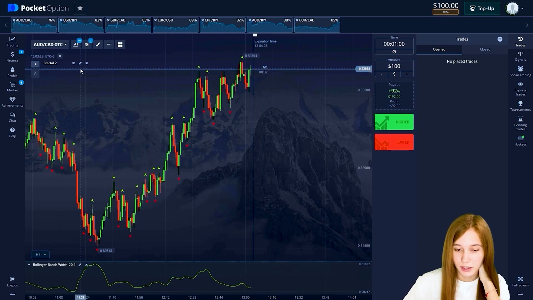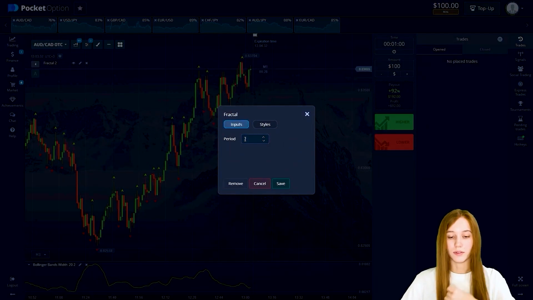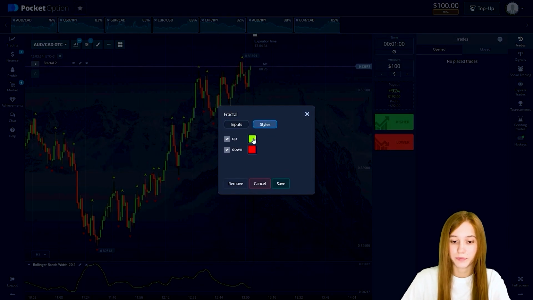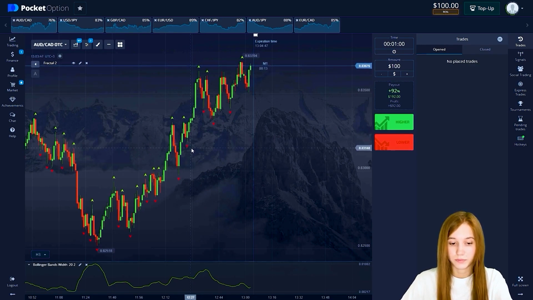So the second is fractal. We can use these settings also. So this is fractal.